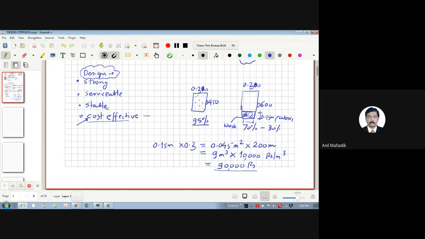So good design means it should be strong enough. Strong means the stresses should be less than permissible stresses. Then there is one more thing in strong, that is it should give warning to us if it wants to fail.